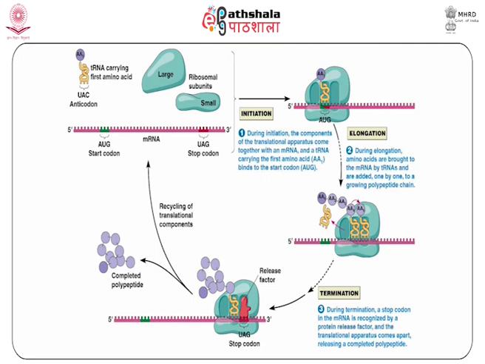Secondly, as soon as the correct coupling of mRNA and tRNA takes place, first, a peptide bond is formed as a new amino acid arrives. The first amino acid to be released is methionine.